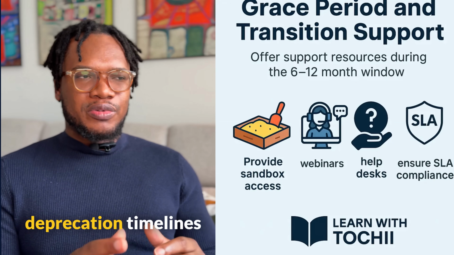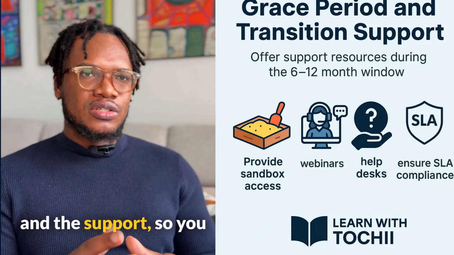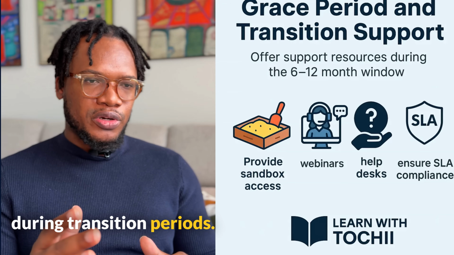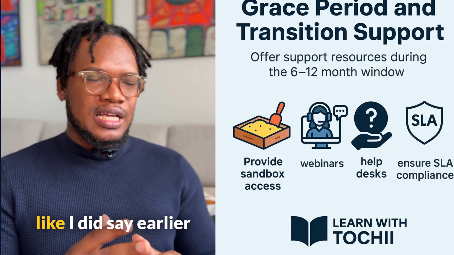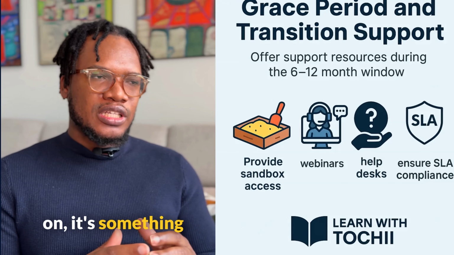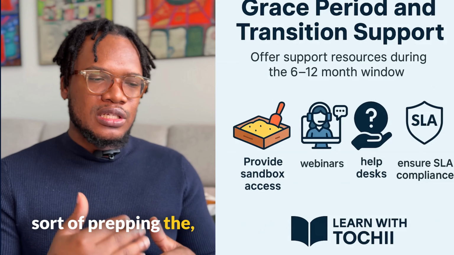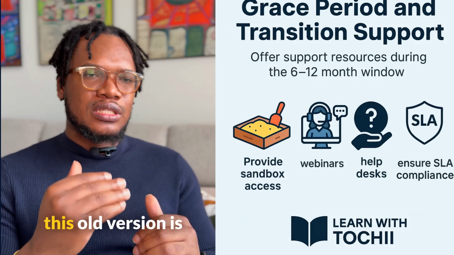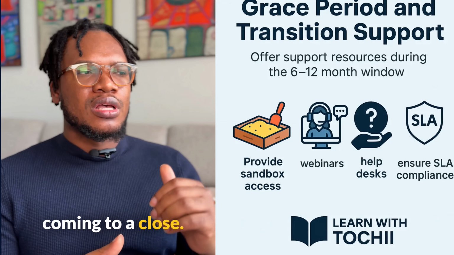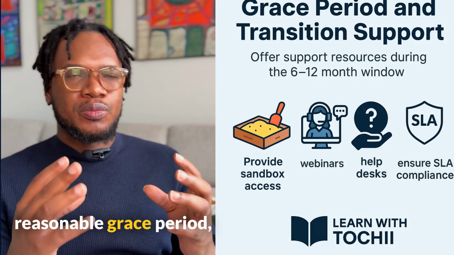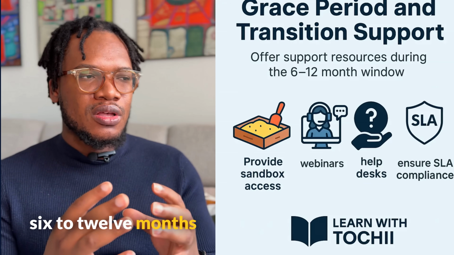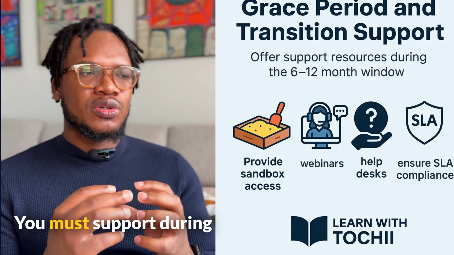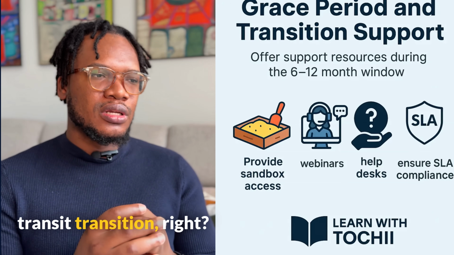When we speak about deprecation timelines and support, you have the grace periods, and you have the support during transition periods. Now, the grace periods, like I did say earlier on, is something whereby you're sort of prepping your customers, communicating the timeline. You're saying this old version is coming to a close. You're ensuring a reasonable grace period of 6 to 12 months for users to transition to the new version. You must support during transition, right?